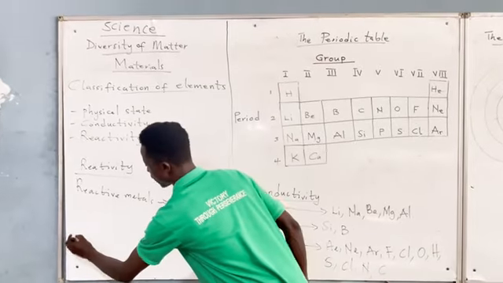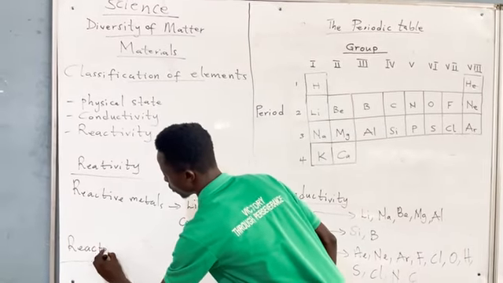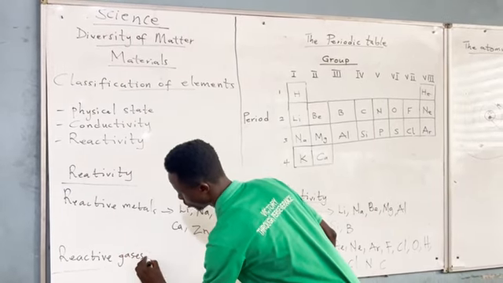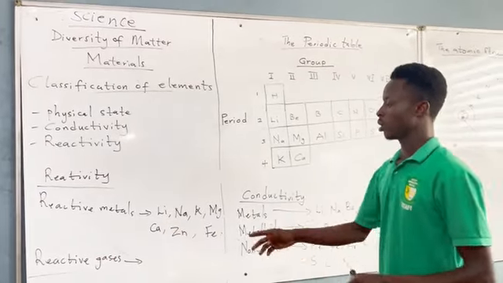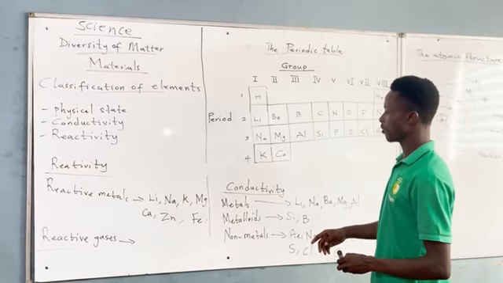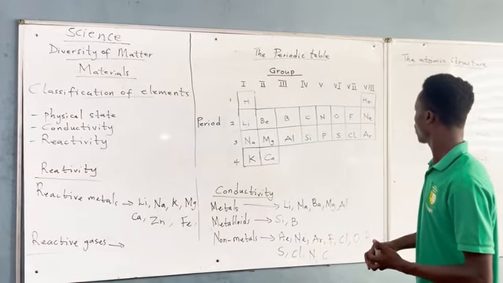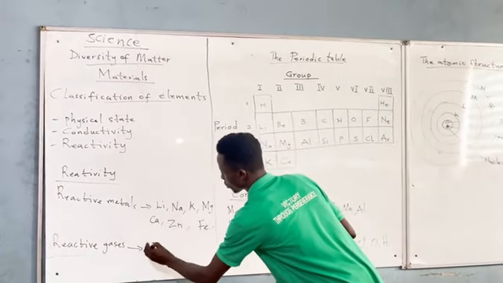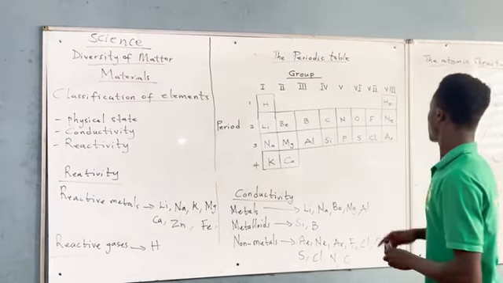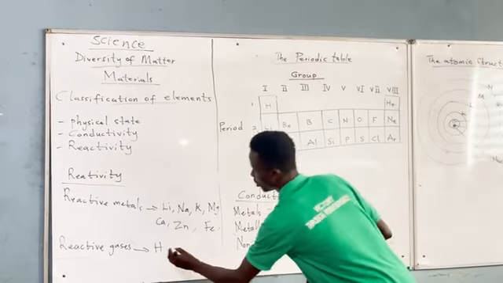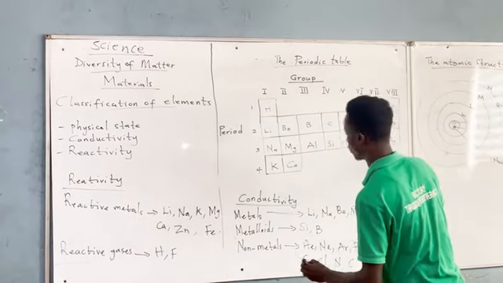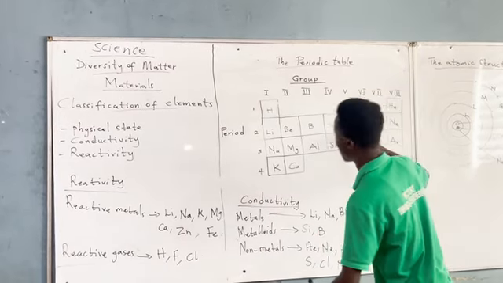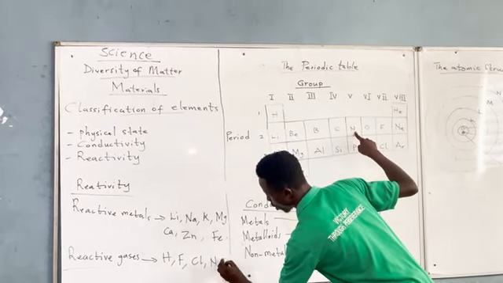The next is reactive gases. Under the reactive gases, these are the examples: hydrogen, fluorine, nitrogen, and oxygen.